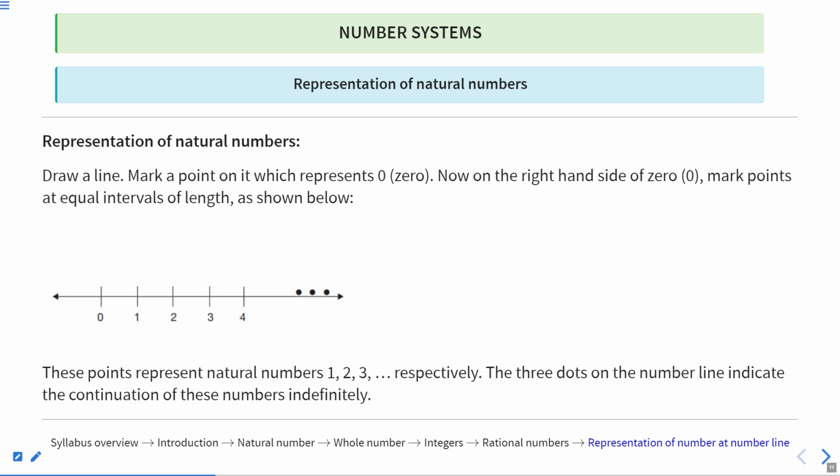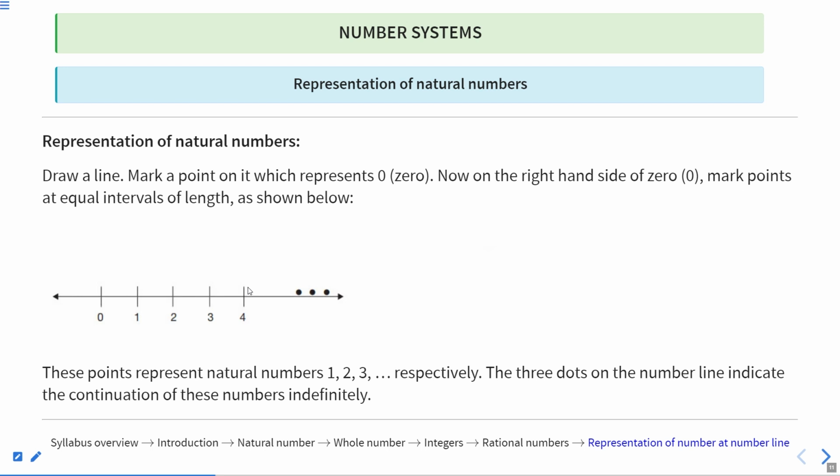Now on the right hand side of 0, mark points at equal intervals of length, as shown below. So we take 1, 2, 3, 4 on the right hand side of 0. These are all equal intervals of length.